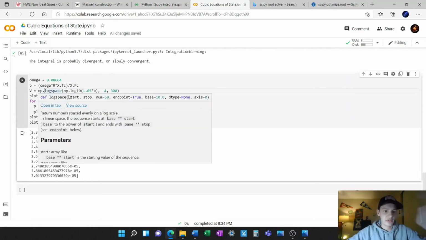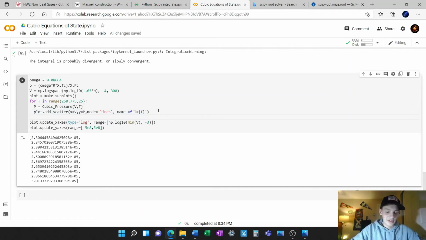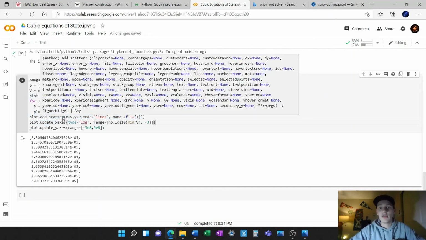Okay, but all of that can stay. That's not going to be a problem for us. And then we want to add more scatter. We don't want this in this for loop, because that is just for plotting our isothermal curves of pressure versus the specific volume values from before.